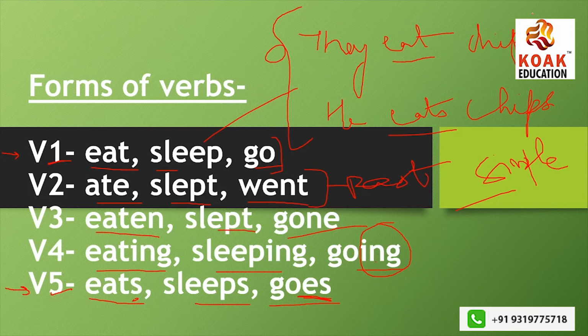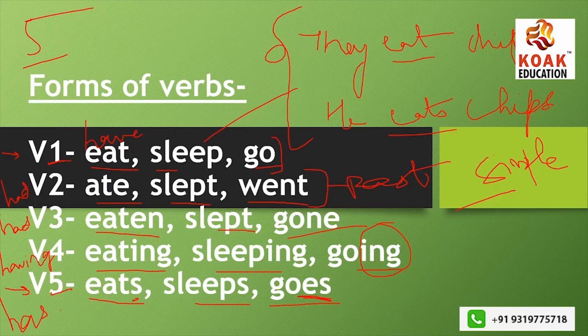Moving ahead, when I am saying forms of verbs, guys, you pick any verb, it has 5 forms. Every verb has these 5 forms, and it cannot survive without forms. For example, if I take helping verbs also, have is the first form, had is the second form, had is third form also, having is fourth form, and has is the fifth form of verb.